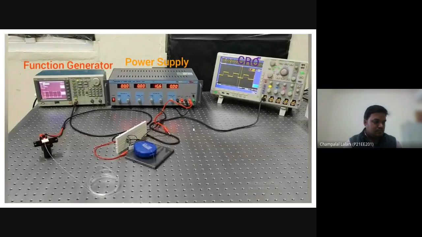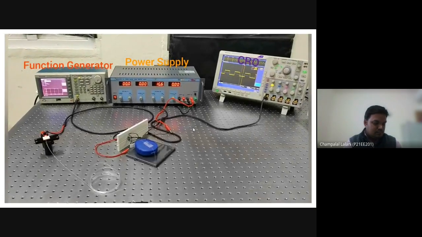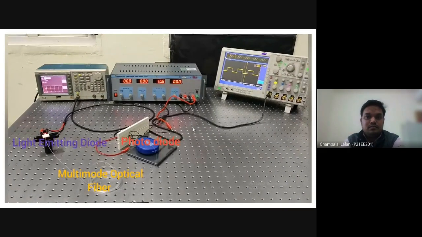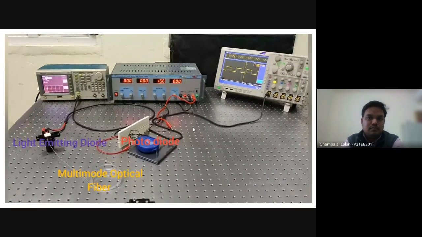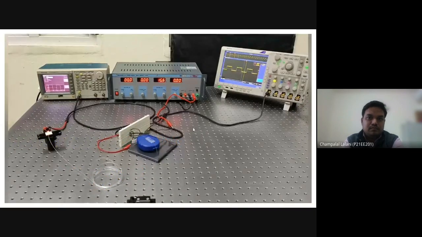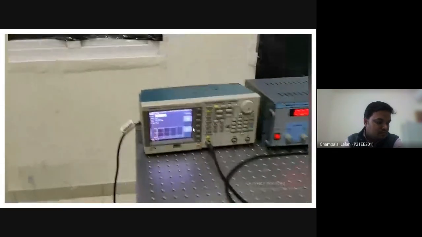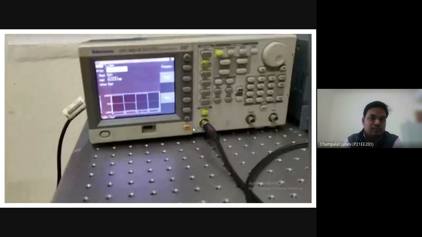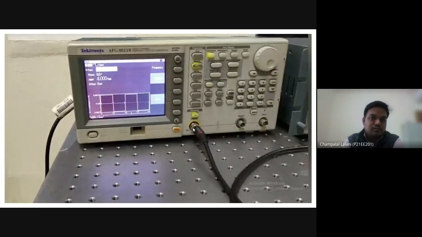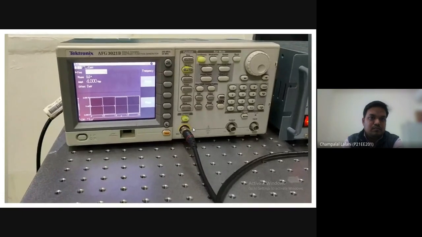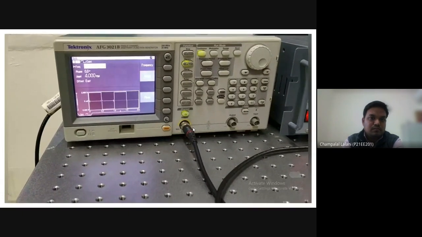Here you will use optical fiber to transmit a signal from one place to another. In our lab, we have used 5 meters of optical fiber, but in practice, we can use thousands of kilometers of optical fiber and transmit a signal from one place to another. First of all, we have used a function generator to generate a signal. We have generated a high-low type of electrical signal, and now this electric signal will be fed to an LED, which will convert this electrical signal into a light signal.